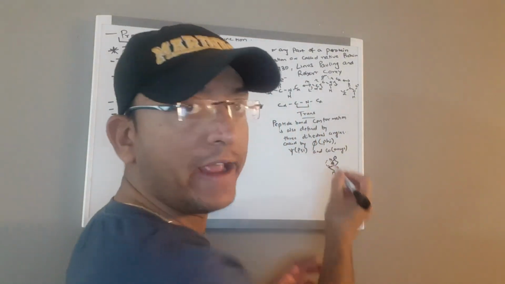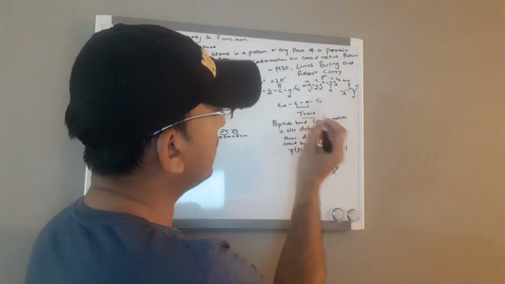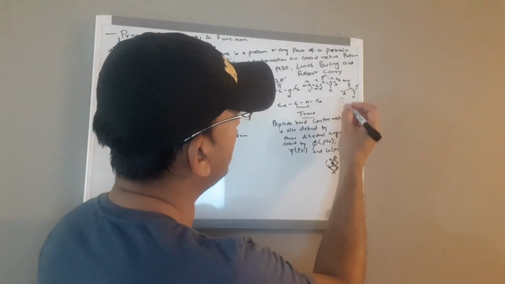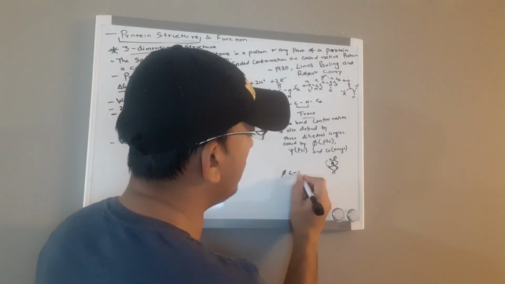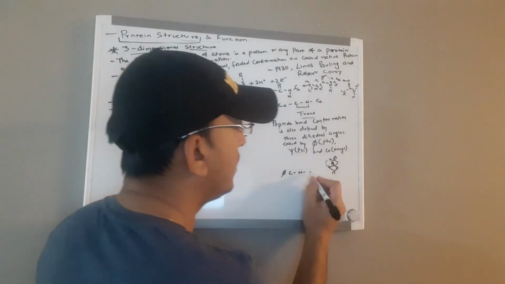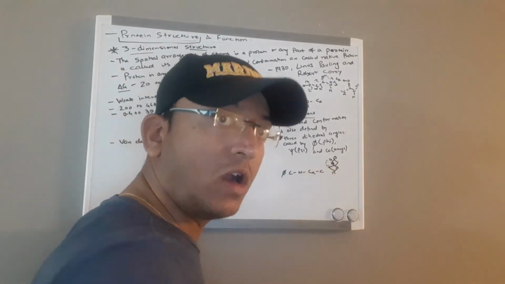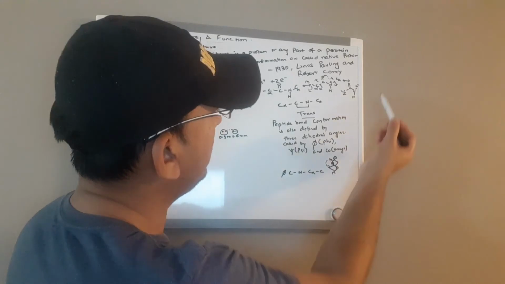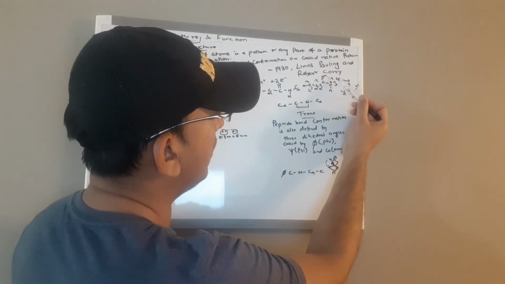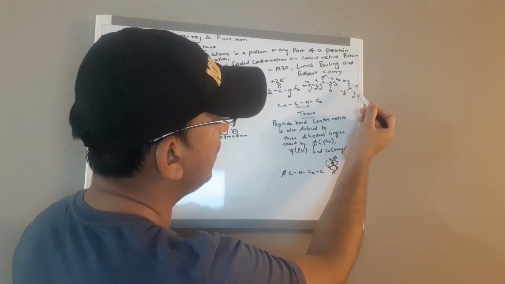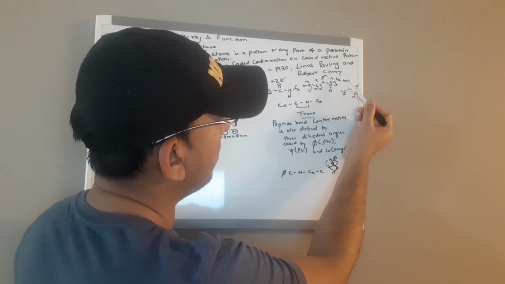So this phi will involve, okay, I'll write it down here, carbon to nitrogen to carbon alpha to carbon. So this is right here, and we'll see carbon to nitrogen, alpha, and to carbon, right?